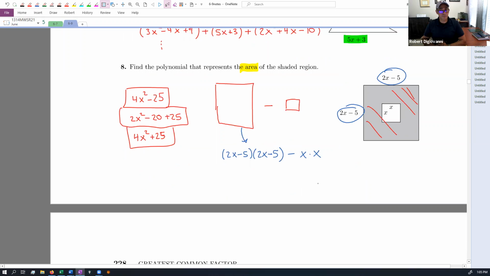All right? Okay, now I'm going to FOIL. I'm going to multiply here, here, and then here and here. So I should get 4x squared minus 10x plus 25. That's everything FOILed out here. And then I still have minus x squared there. Now combine like terms.